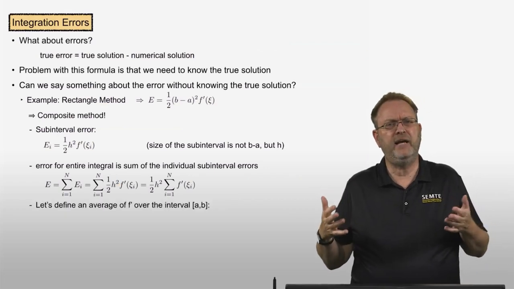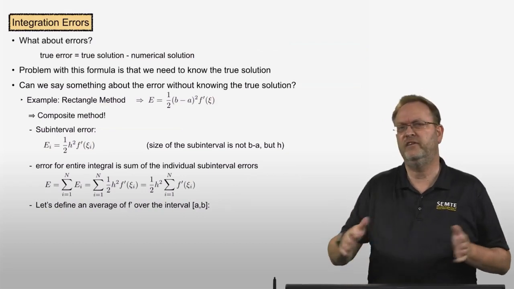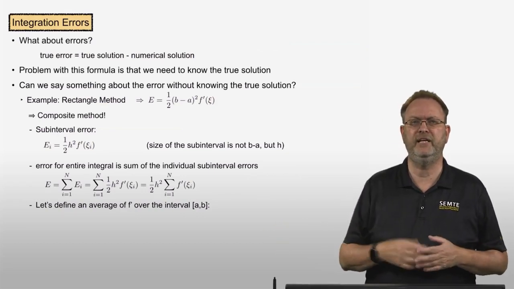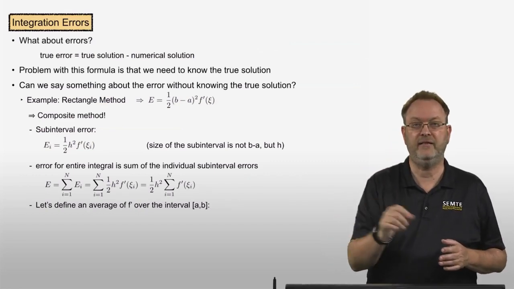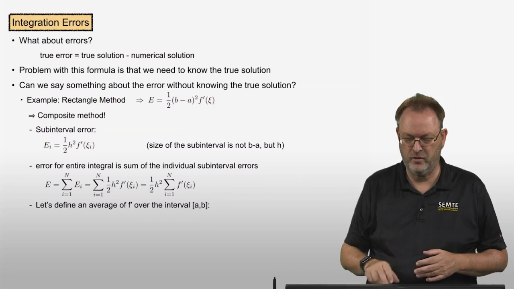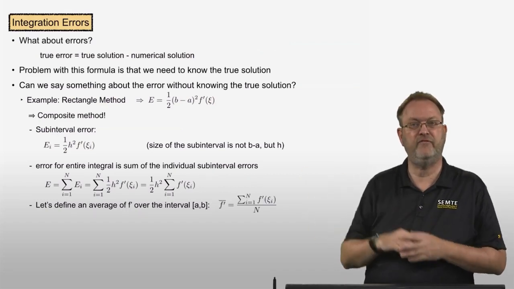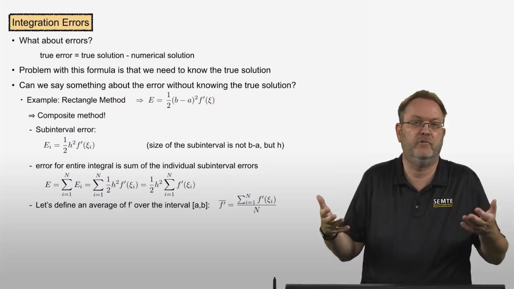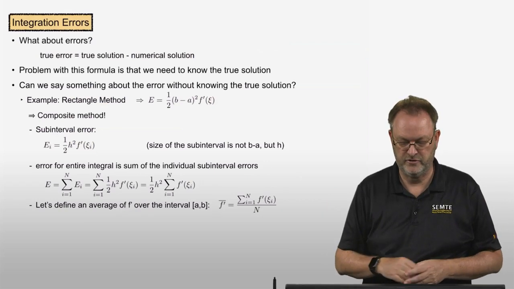So let me define an average of these f prime values over the entire interval from a to b, defined by this sum of the f prime at these subinterval locations. So the average would be the sum of these f primes divided by the number of terms that I summed up, so divided by n, the number of subintervals.